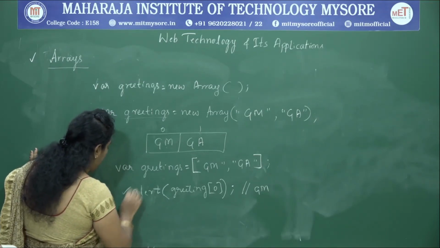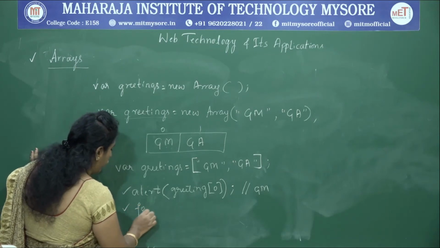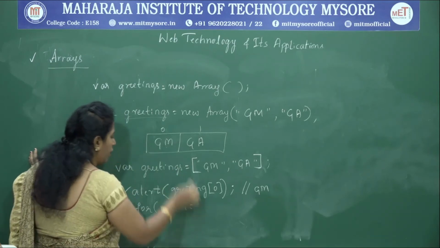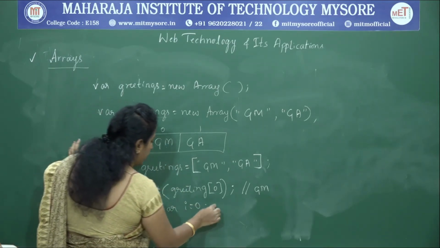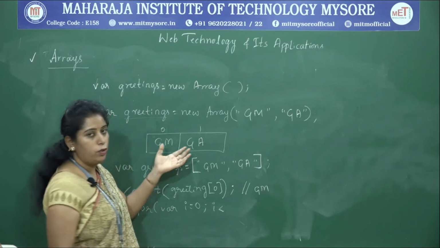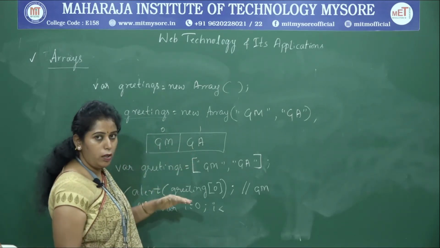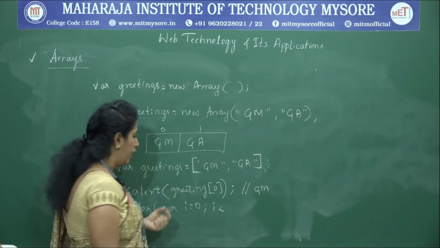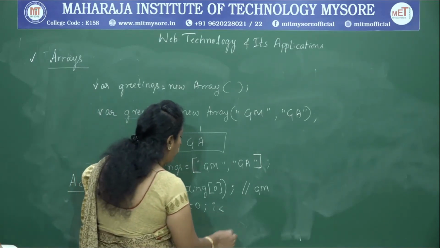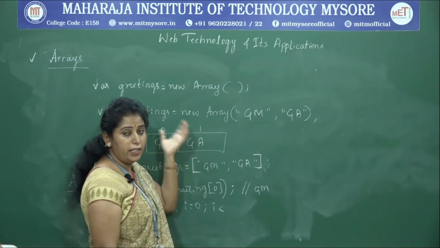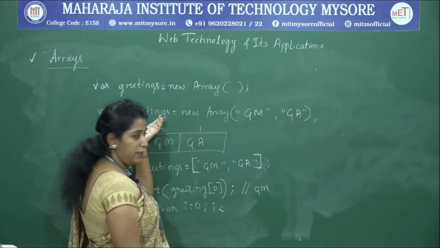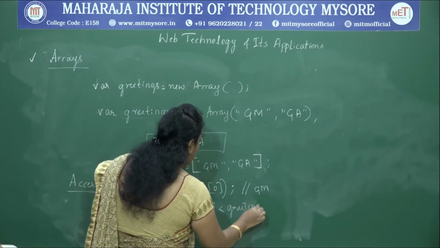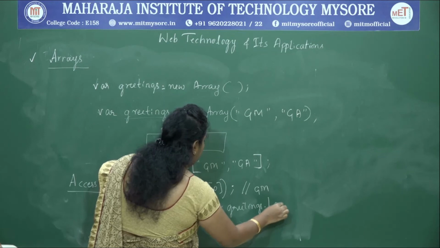You can take up another example using a loop, where I should start printing from which index? 0th index, i less than... I don't know the length of the array. So call a property called length, which gives you the number of elements in an array. How to call it? From which array's length do you have to find? Greetings array, right? So greetings dot length.